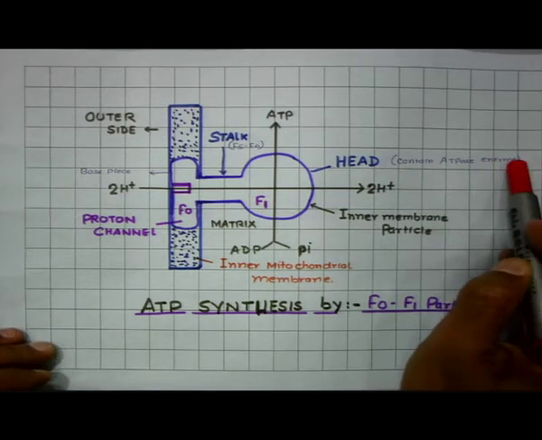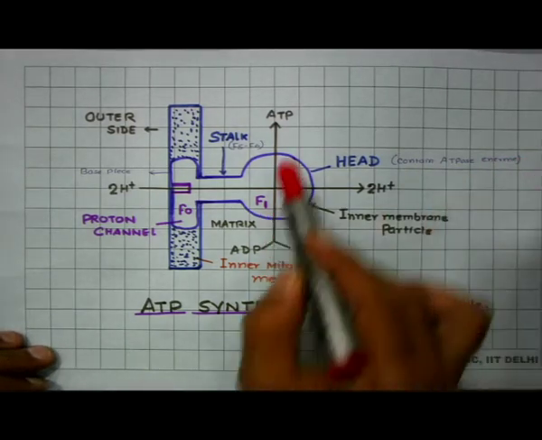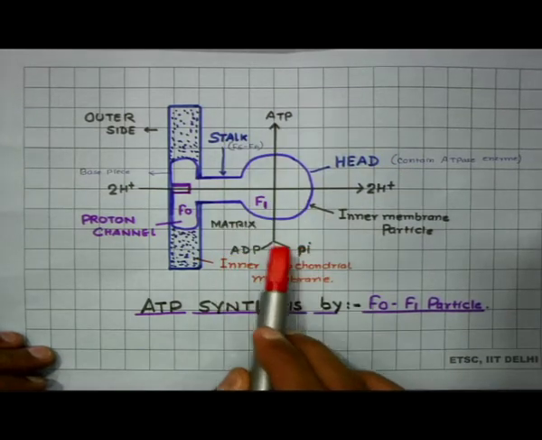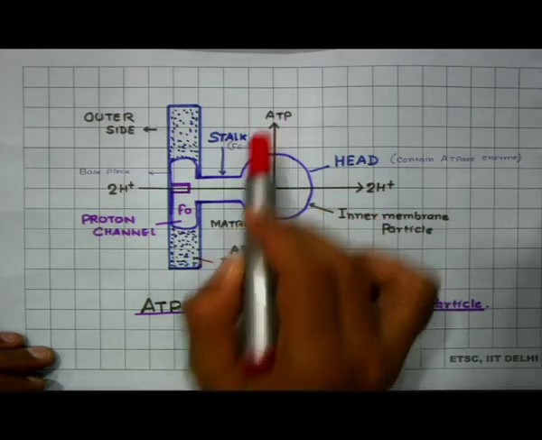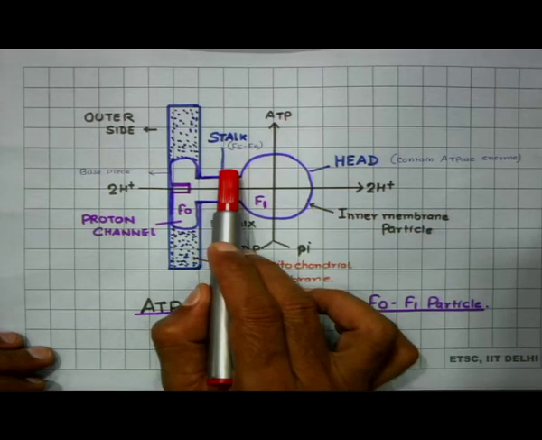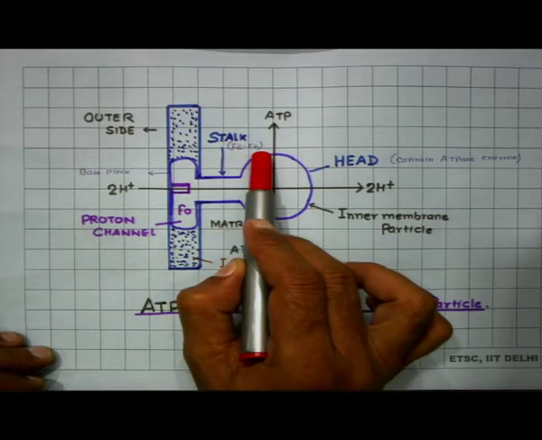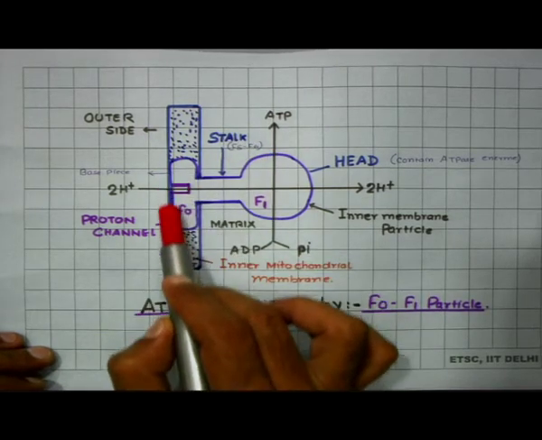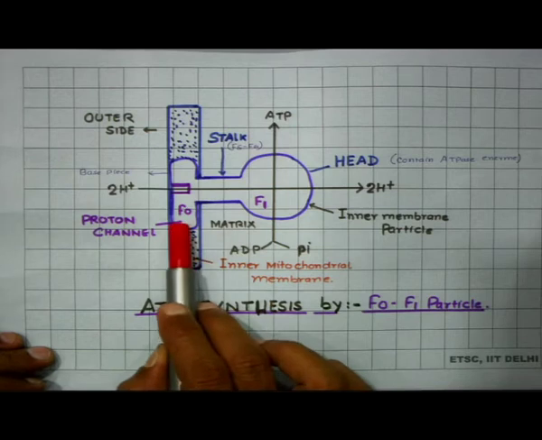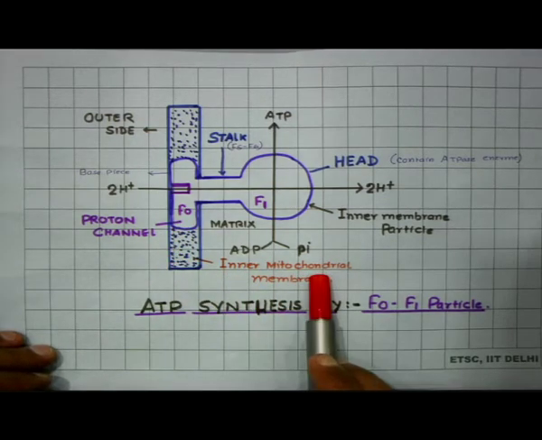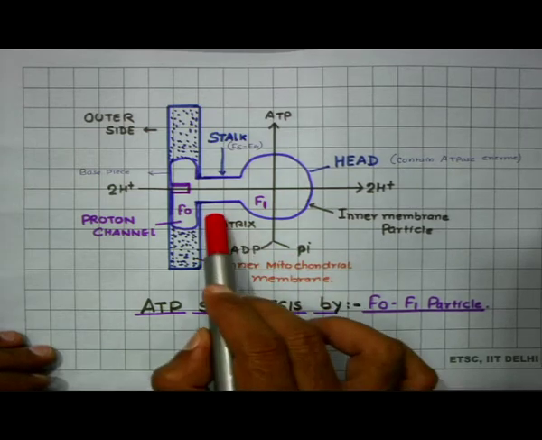This ATPase enzyme helps in the synthesis of ATP, combining ADP and Pi to form ATP. This is the stalk, made by F5 and F6, and the base is called F0. This is the inner mitochondrial membrane, and here is the matrix.